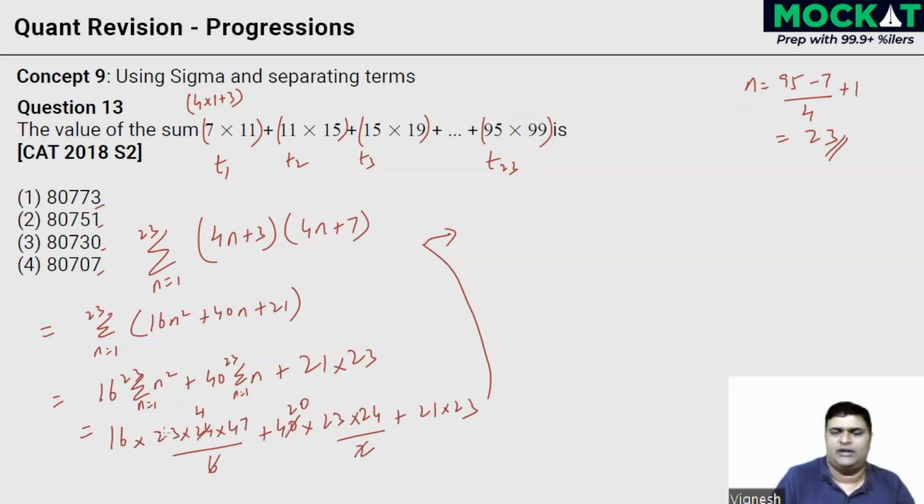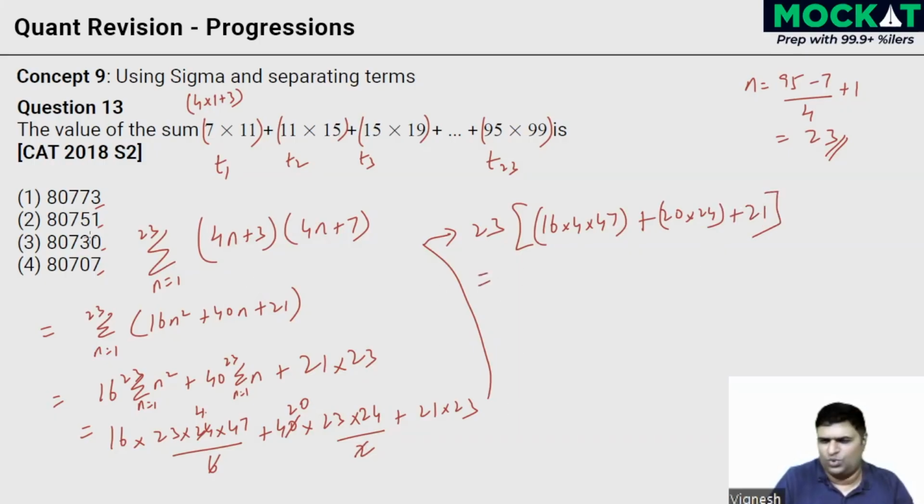And if I take a 23 common everywhere, I'm left with 16 into 4 into 47, plus 23 is out, so 20 into 24 plus a 21 over here.